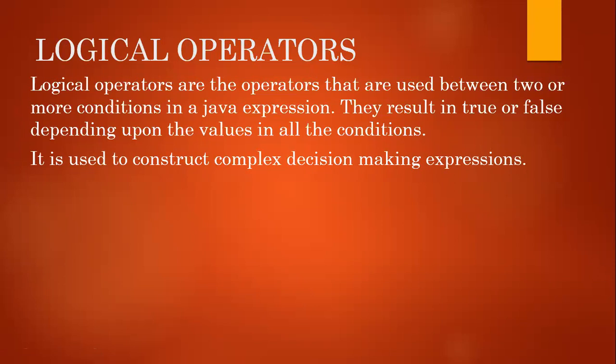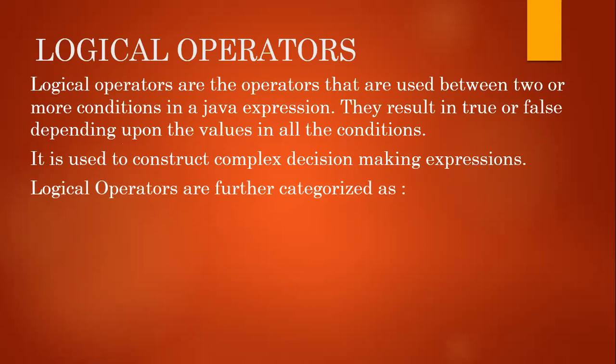We generally use logical operators to construct a complex decision-making expression. In programming we do require that, and there we use logical operators. Logical operators are classified into three types.